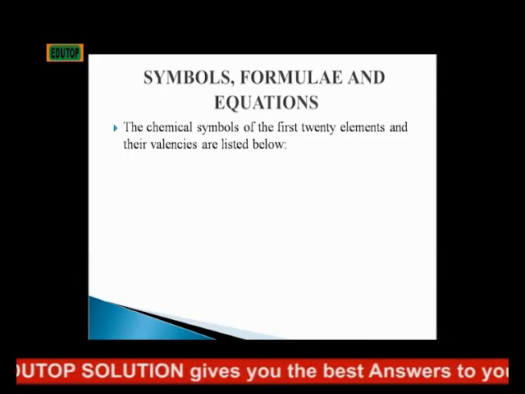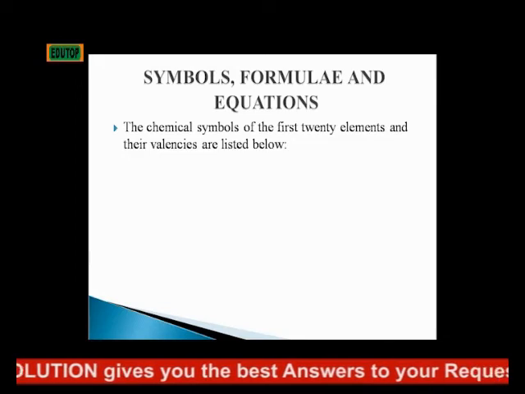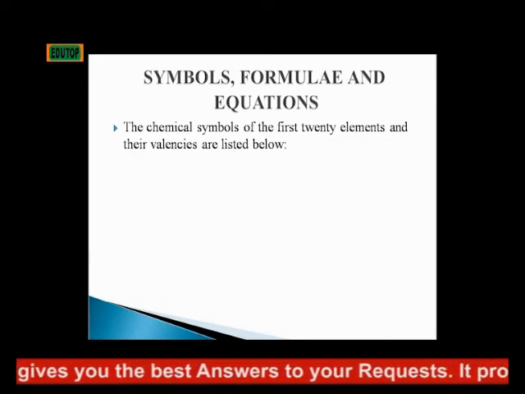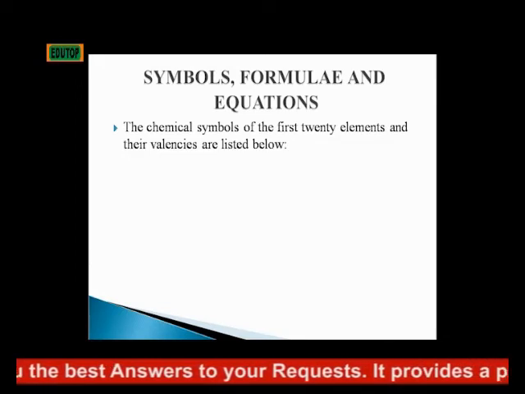Symbols, formulae, and equations. The chemical symbols of the first 20 elements and their valencies are listed below.